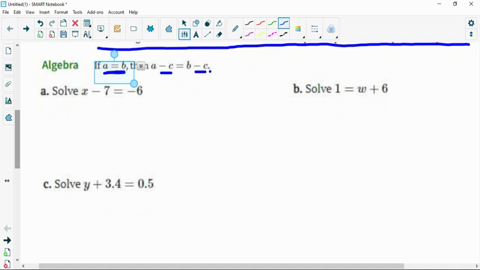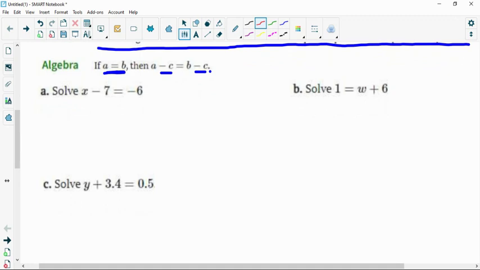This says x minus 7, and we want to undo the minus 7. We have to use addition or subtraction. Whenever something is being added or subtracted from the x, we're using addition or subtraction.